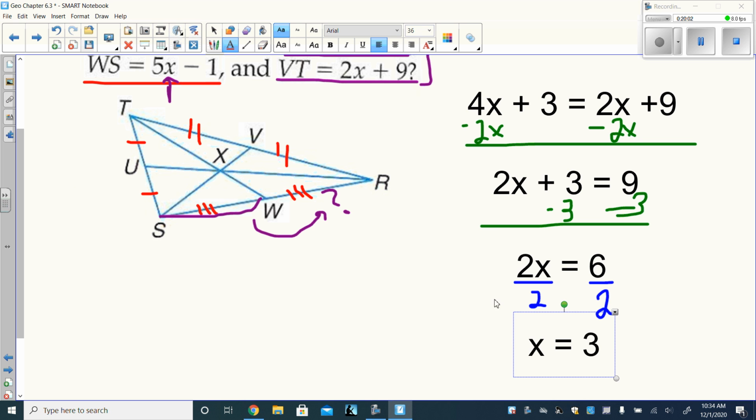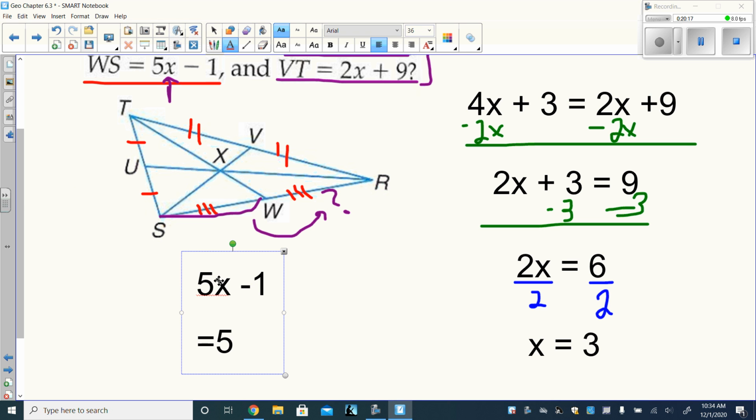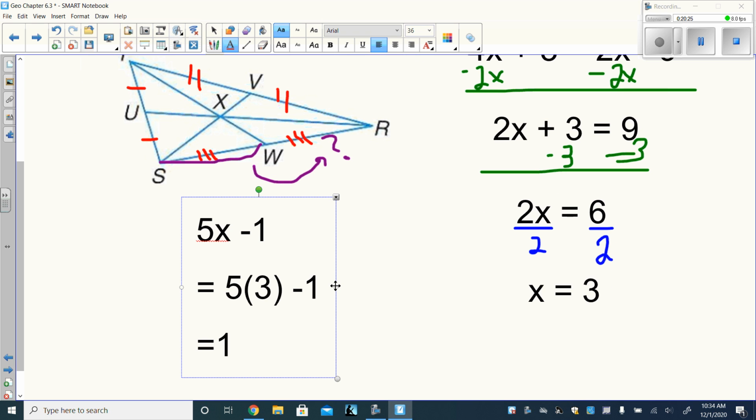So we found the value of x, which was what we wanted to do at first. Now our next part is we want to plug it back into our 5x minus 1. Because if I plug it back in here, I will find the length of WR. So we're going to have 5 times 3 minus 1. Well, 5 times 3 is 15.